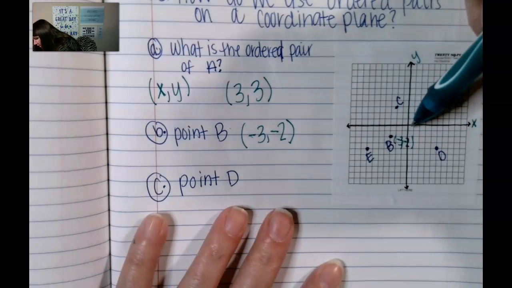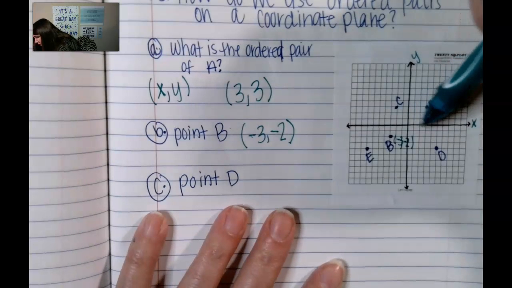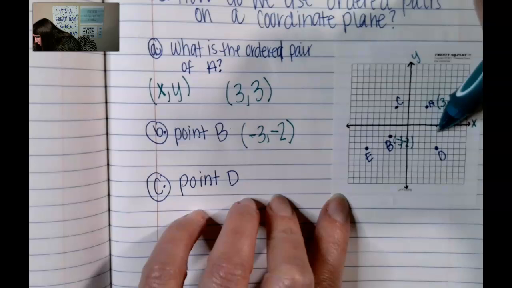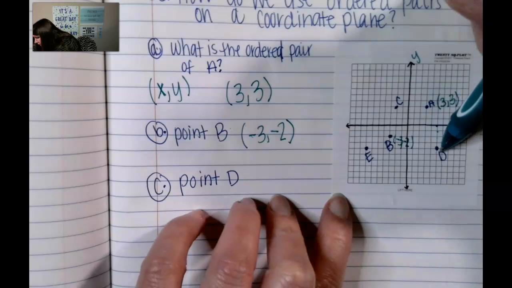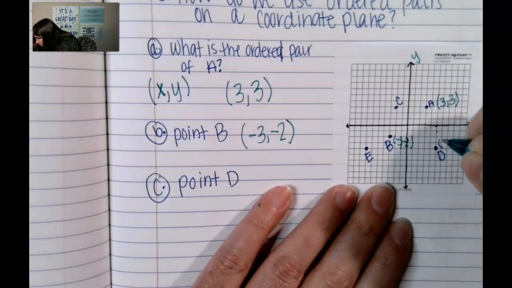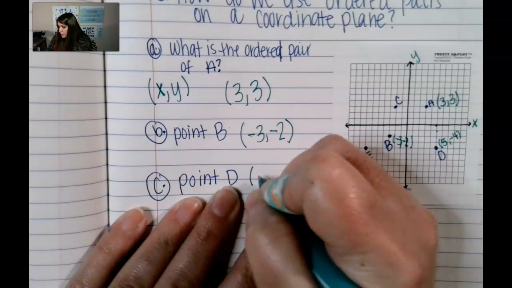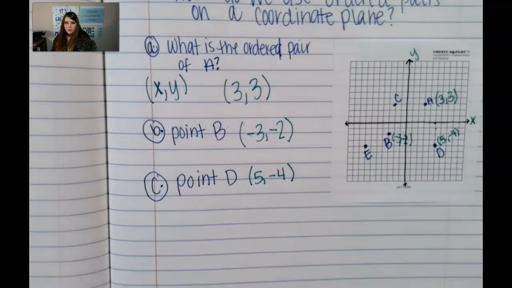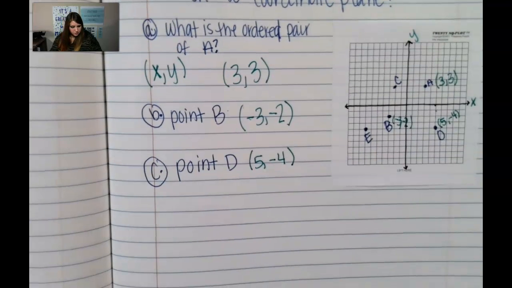I'm going to count very carefully. 1, 2, 3, 4, 5. And then I'm going to go down 1, 2, 3, 4. So 5, comma, negative 4 is my address. So 5, negative 4.